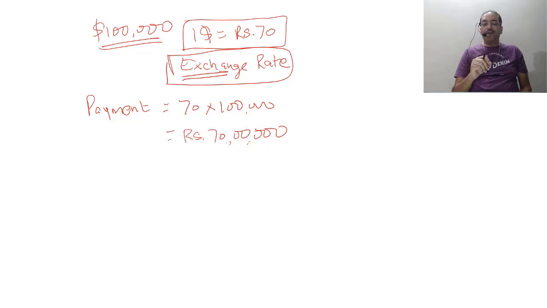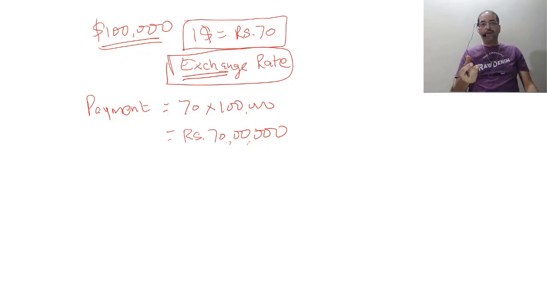And as I said, the payment is normally made in the stronger of the two currencies. That is normally the norm, but it is not compulsory. I can say that it is not possible for me to get dollars, so I will make payment in rupees.